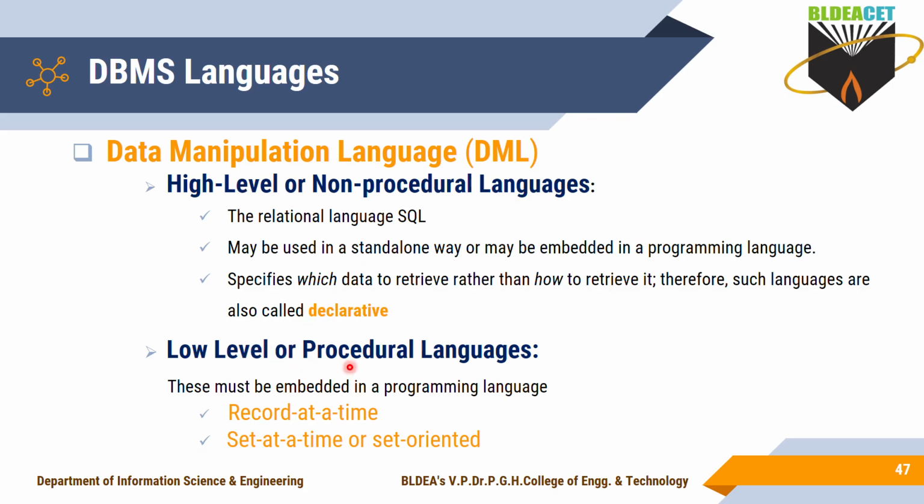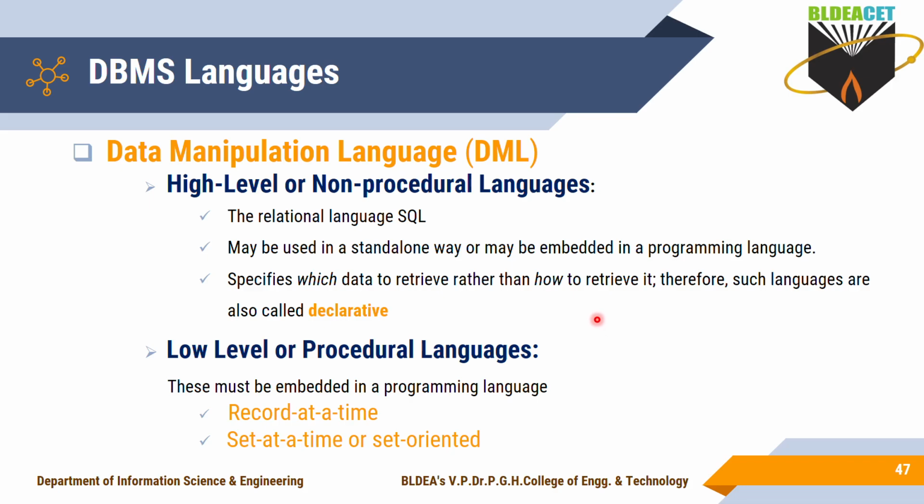Next is low level or procedural language. These must be embedded in a programming language. Compulsorily it must be embedded in a programming language because it is related with the user application and also the database. In the low level you are related with the physical database, whatever is stored, so that comes under as a query language, and the user application comes under as a programming language here.